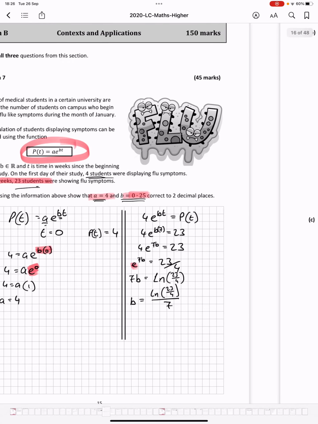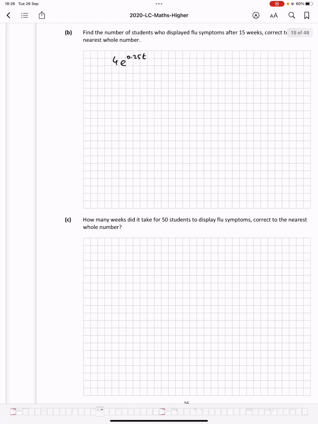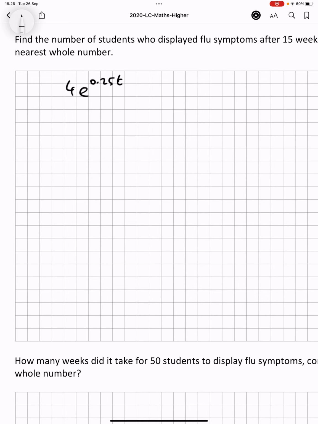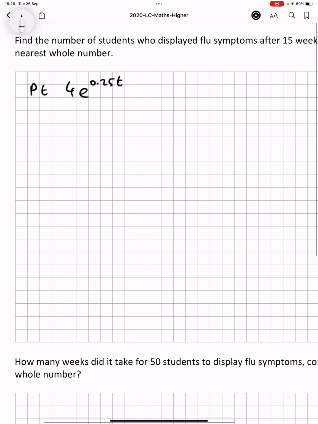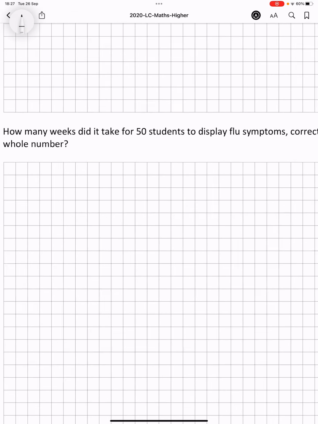I think it was 0.25, was it? Yeah. So write that in first of all, okay? Probably marks just for that. So now P(t) is equal to 4 e to the power of 0.25, and t in this case is 15. Calculator gets you your answer. So fire everything into the calculator. That should get your answer for that one there.